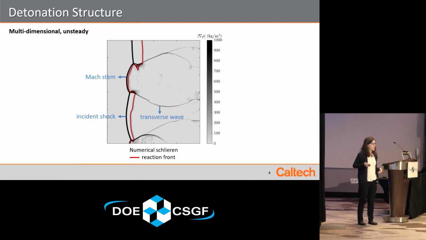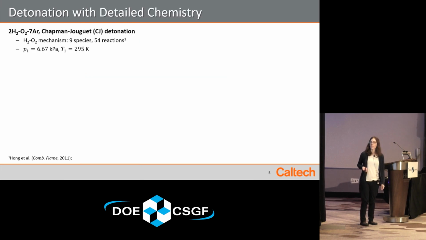We also have shock waves that are moving up and down along the detonation front, and these are transverse waves. Where those three waves intersect, those are called triple point collisions. And again, this induction zone length, the distance between the shocks and the chemistry, is now varying along the detonation front before we get to the reaction zone.